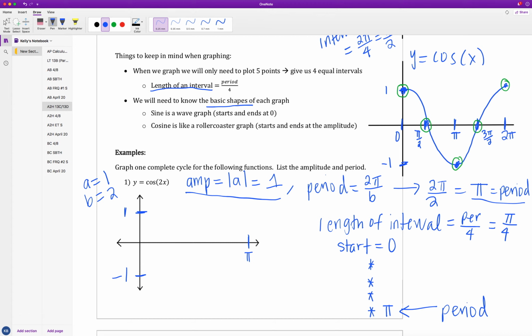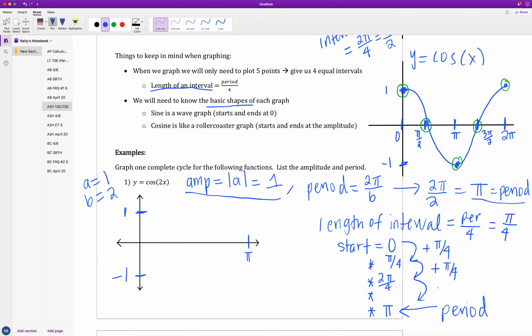To get in between, this is where the length of the interval comes into play. So each time I move, I'm going to add this pi over 4, or add this length of the interval to get to the next point. So 0 plus pi over 4 would be pi over 4. Now when I add pi over 4 again, I get pi over 4 plus pi over 4, which would give me 2 pi over 4.